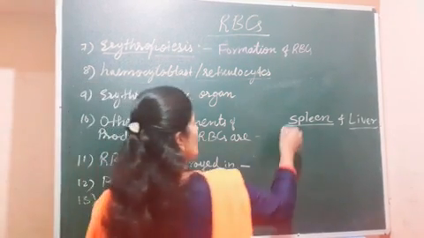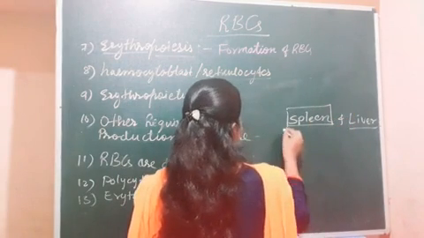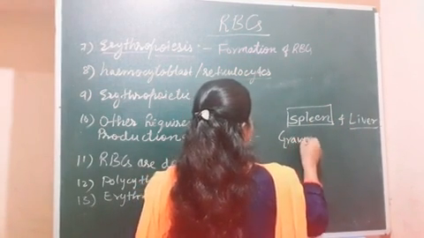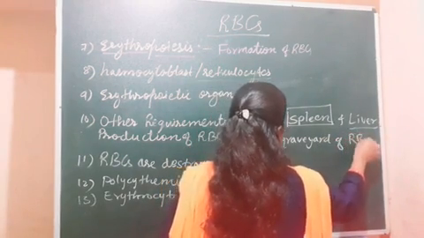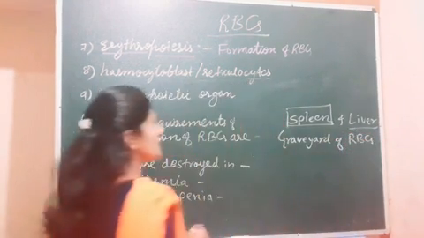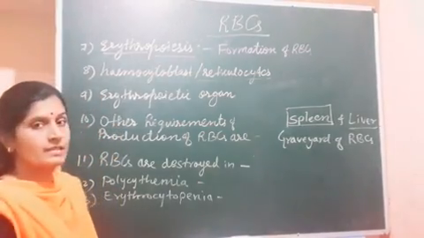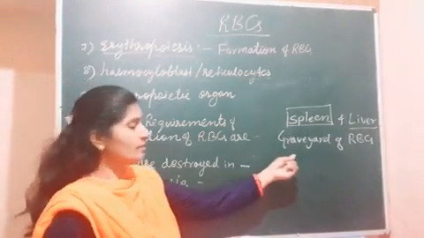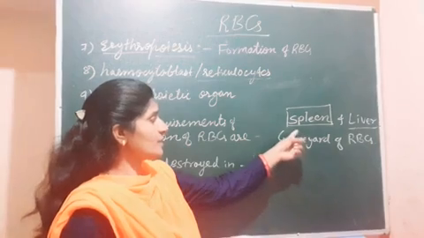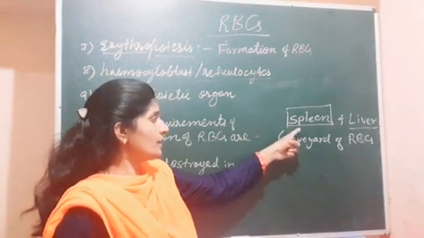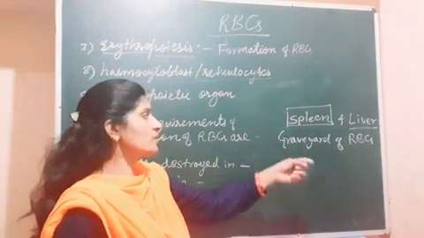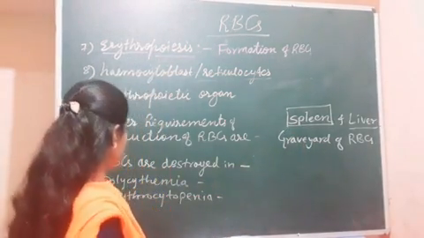So the spleen is called the graveyard of RBCs. Graveyard in the sense of smashan ghat. So there the RBCs die. So the spleen is called the graveyard of RBC.